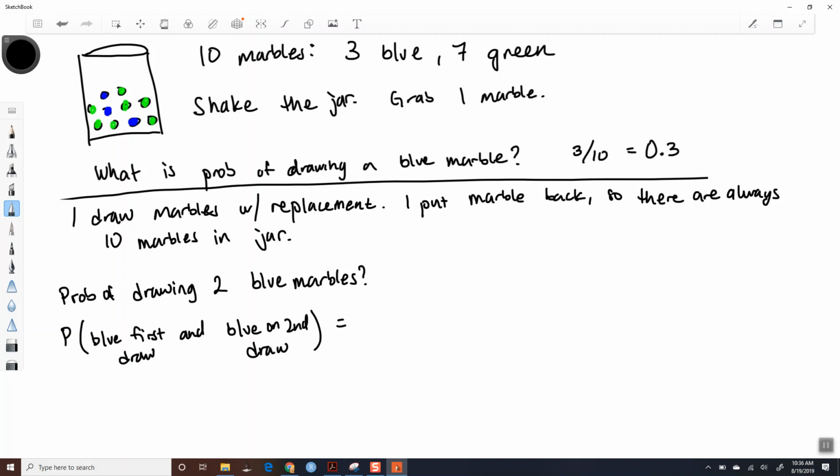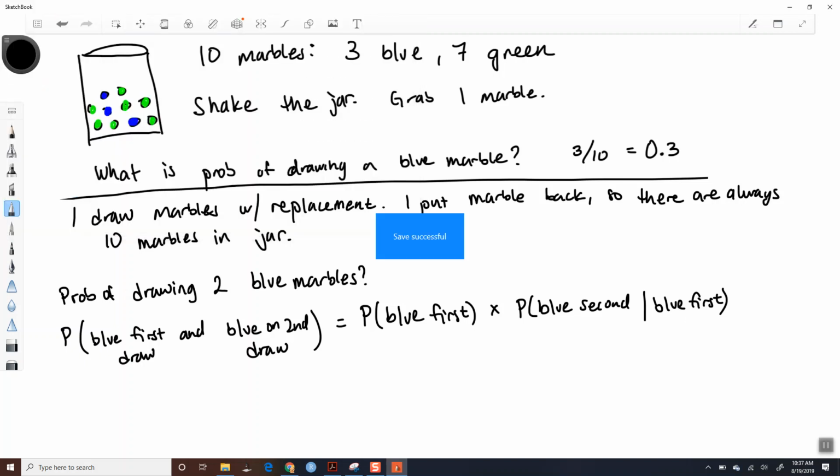Here we can do the regular rule, basically blue on the first times the probability of blue on the second, given that we got blue on the first. I think we wrote the same thing on the previous slide, because this rule is always true.